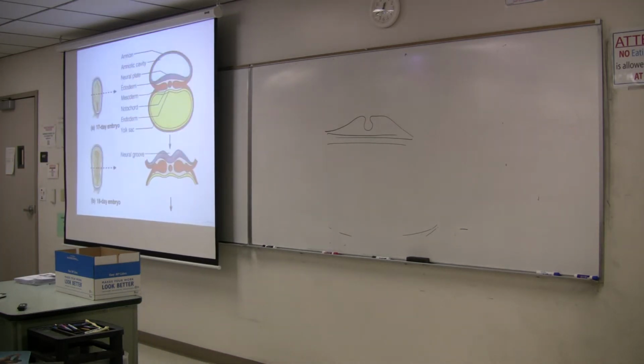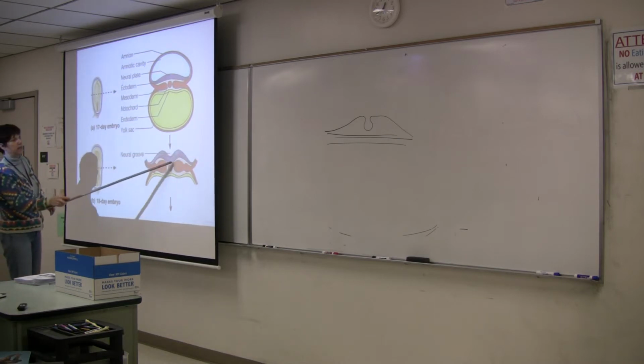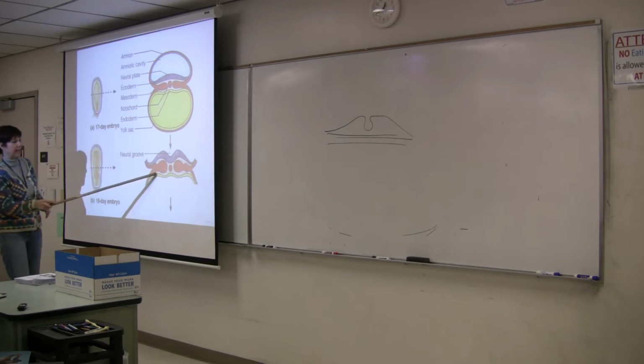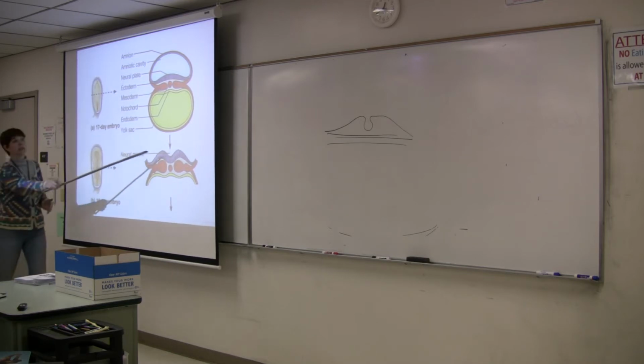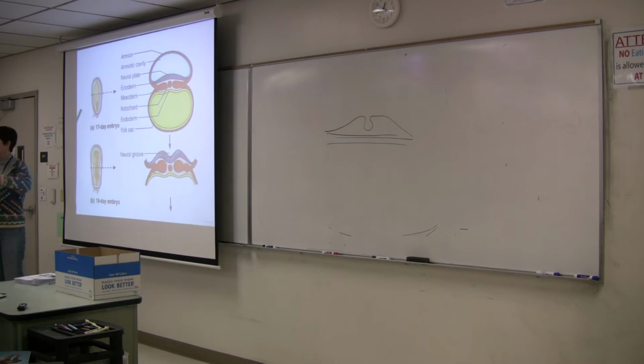So here's the ectoderm, the mesoderm, and that endoderm, and here it's forming that groove. Starting to form the groove, and the groove is getting longer right here. And that's going to eventually form the neural tube, which is the central canal and brain ventricles.